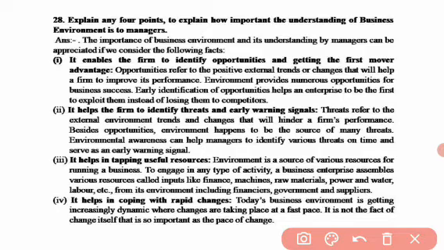Suppose in a business organization changes are needed, then the environment is helpful. So these are the four importances of the business environment, which is most important for managers to understand.